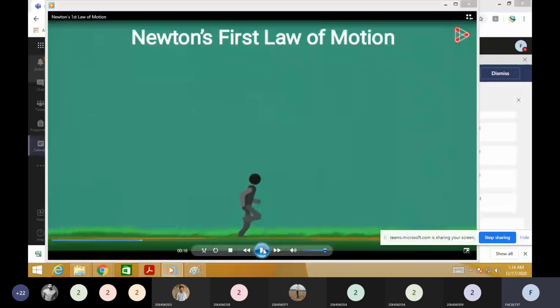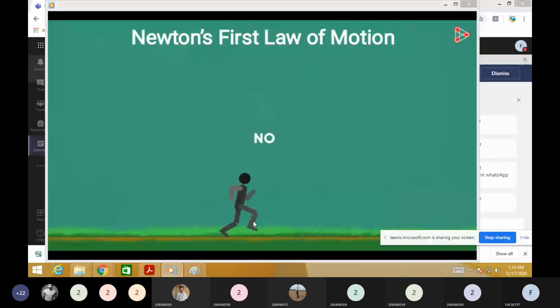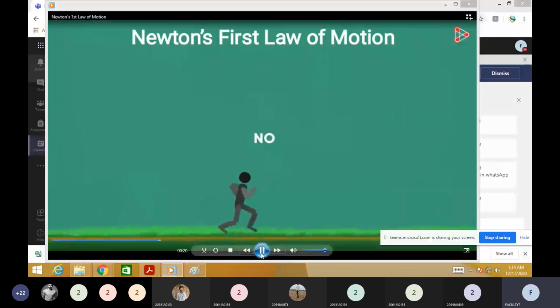The question is, can you turn immediately towards the right if you are running fast? The answer is no. If you are running fast, you cannot suddenly turn.